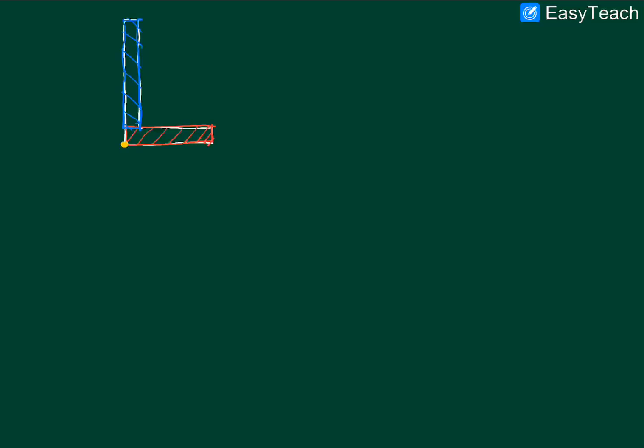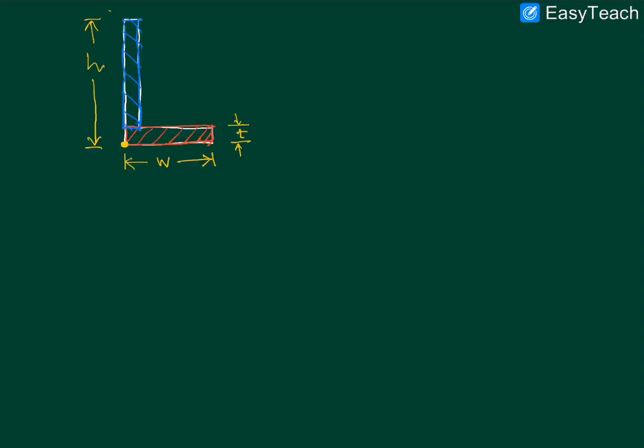Now, referred to this particular origin, the centroid of the red colored rectangle, if we recognize that this length is, let's say, W, and this length is H, then the centroid of the red colored rectangle would be at W by 2 and T by 2, where T is the thickness here.